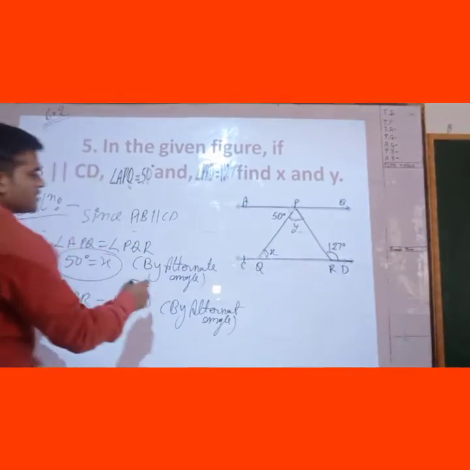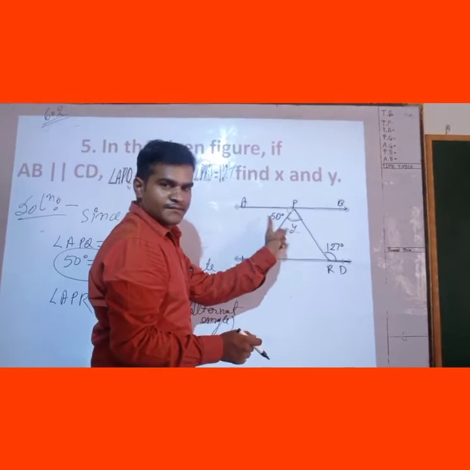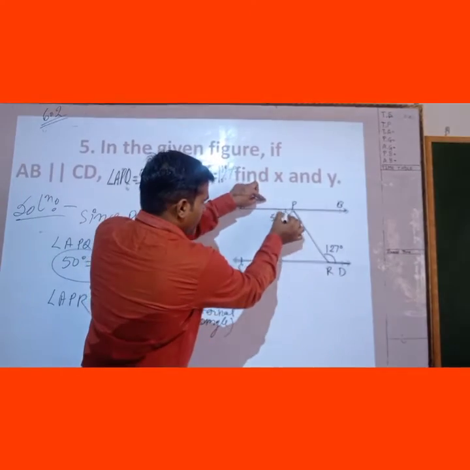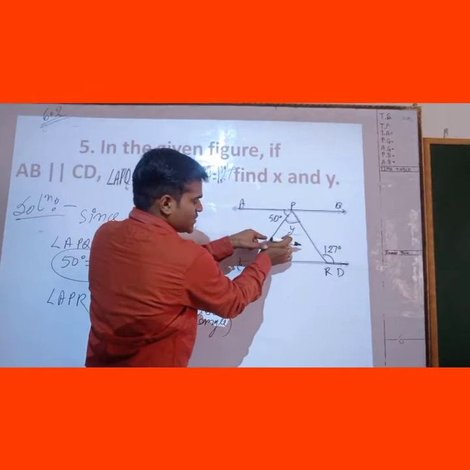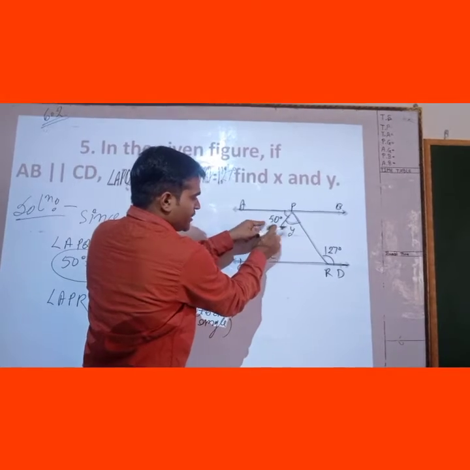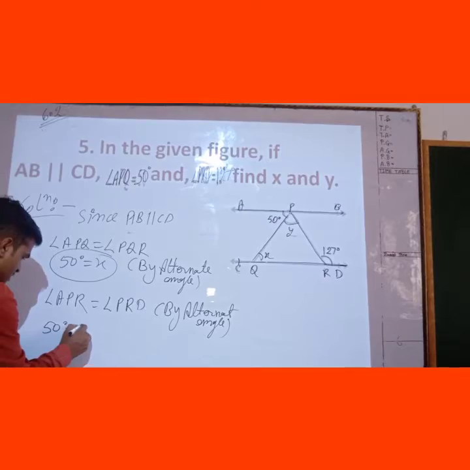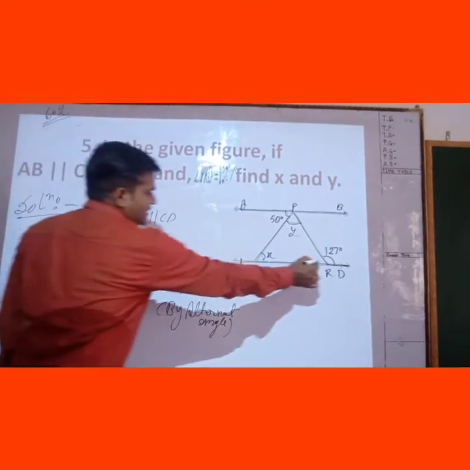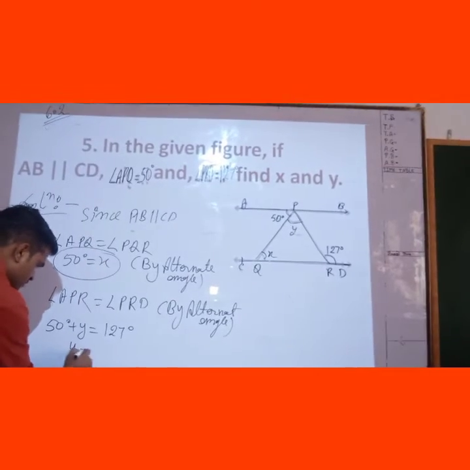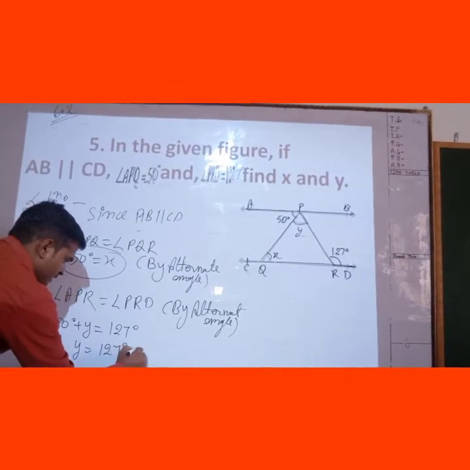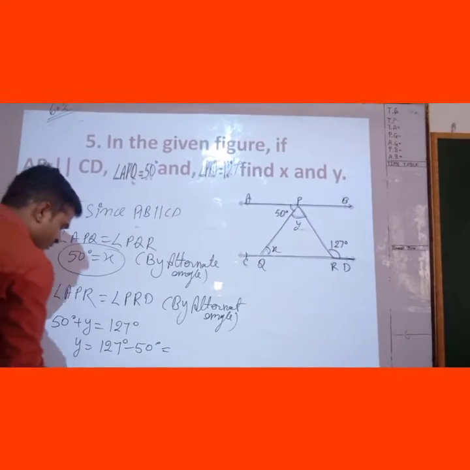Those angles are equal. Can we write angle APR as 50 plus y? Yes, because angle APR is divided into two parts, one part is 50 and the second is y. So 50 degree plus y is equal to angle PRD, that is given as 127 degree. So y is equal to 127 degree minus 50 degree. Now subtract. When we subtract, what will we get?